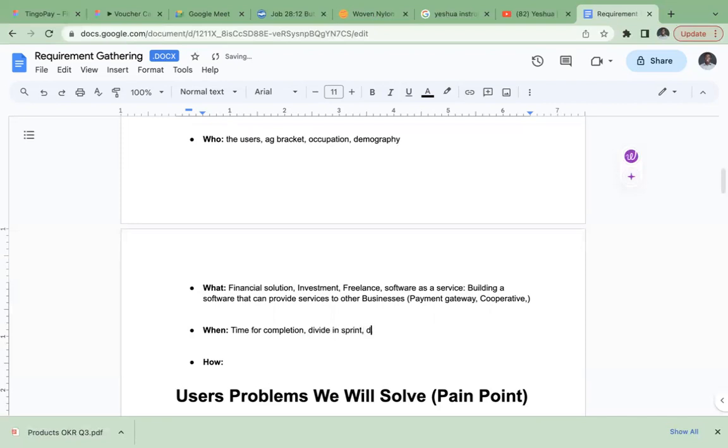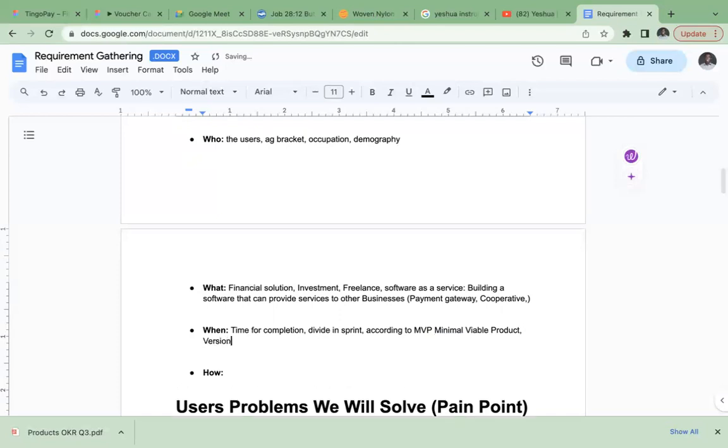It has to be according to the MVP. MVP is minimal viable product. Do you understand? Or versions.